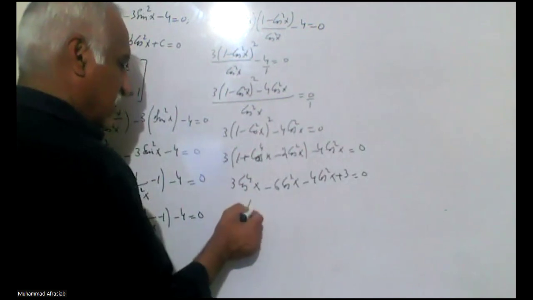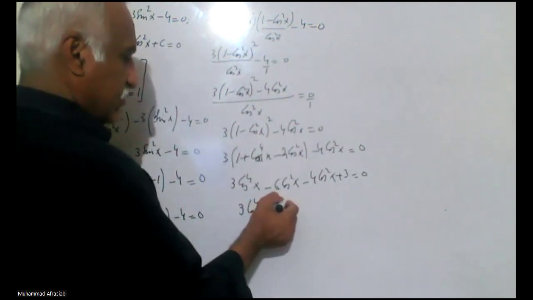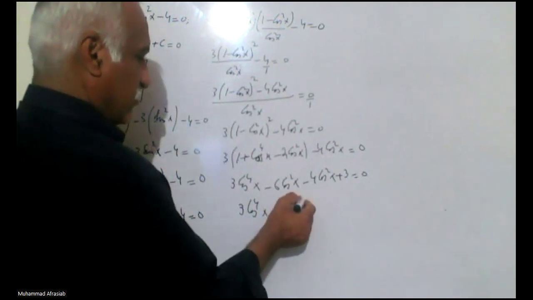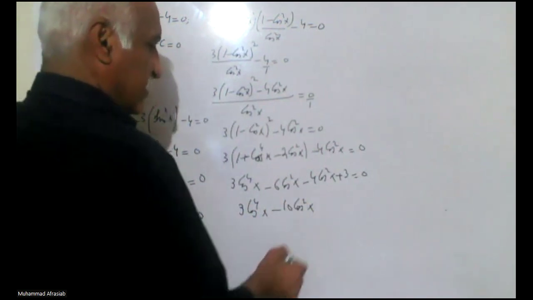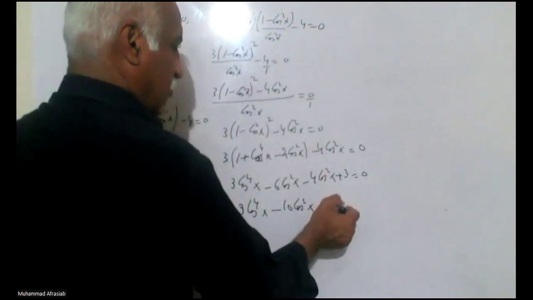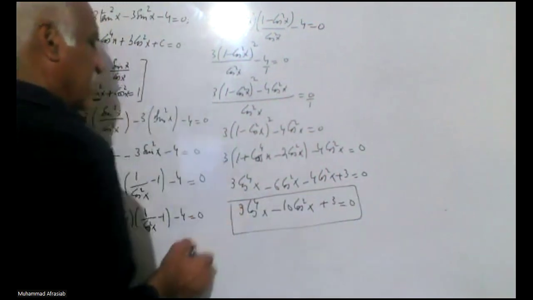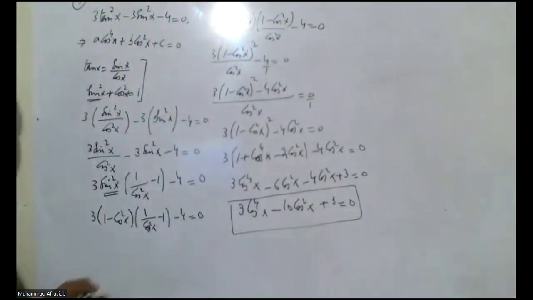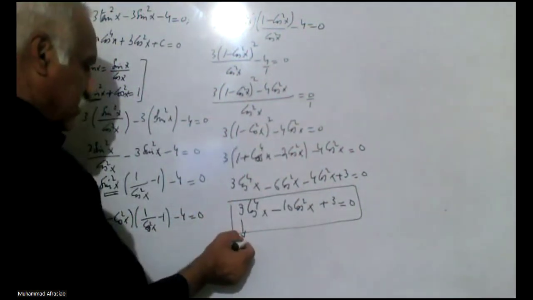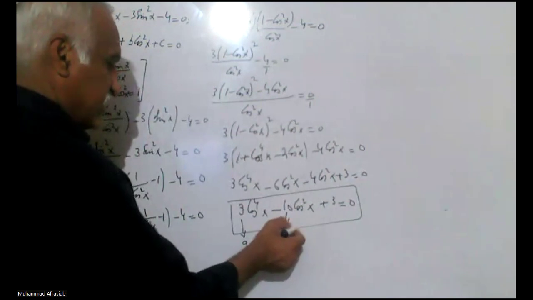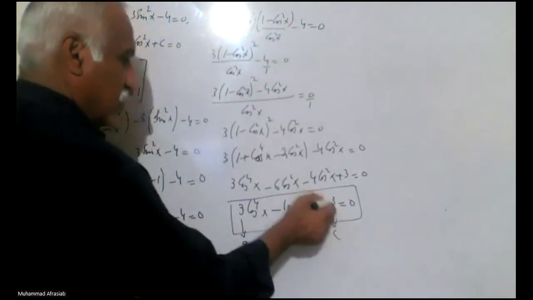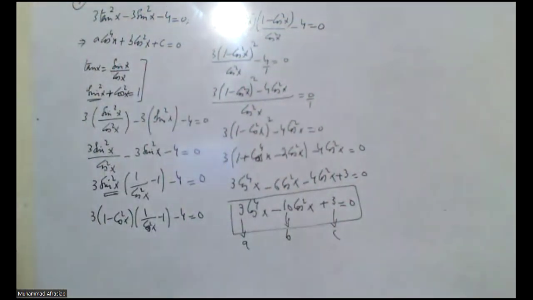This will become 3 cos 4x minus 10 cos square of x plus 3 equal to 0, which is the required form of this expression, where a is equal to 3, b is equal to minus 10, and c is equal to 3.